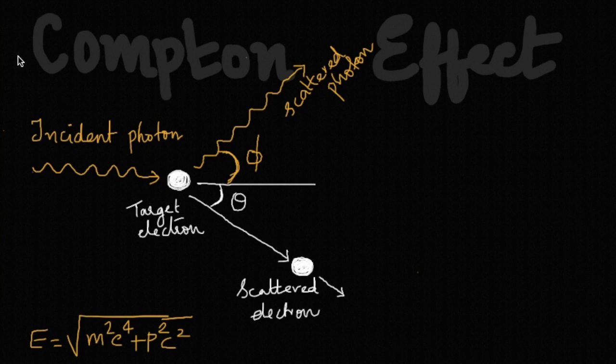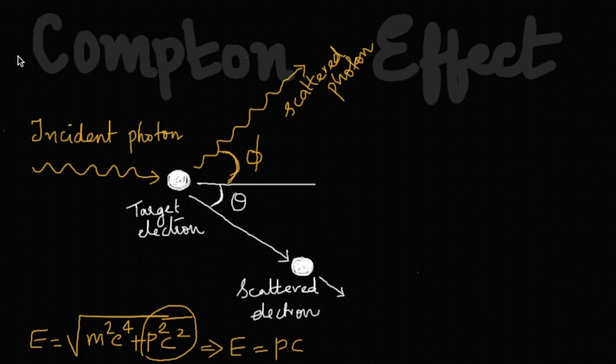Therefore, for a massless particle, that is photon, energy will be given by root of p squared c squared alone, because m equals 0. Therefore, root of p squared c squared is pc. So E equals pc applies for photon.